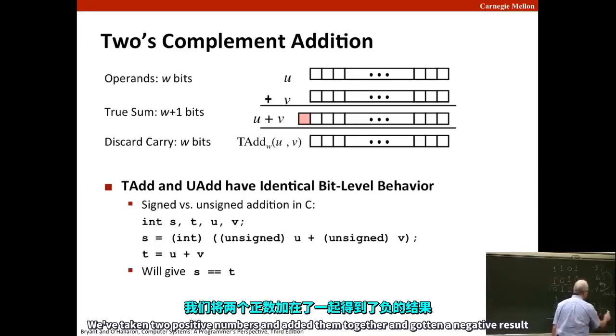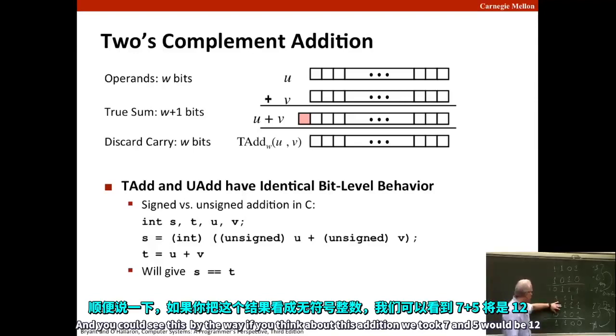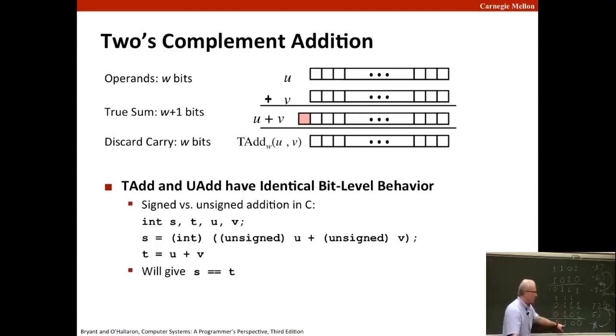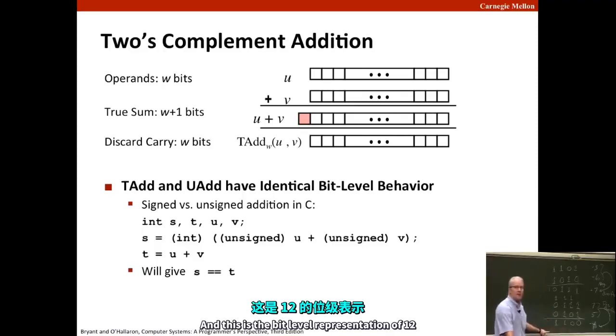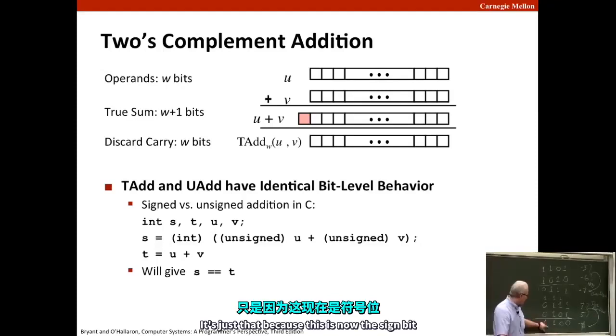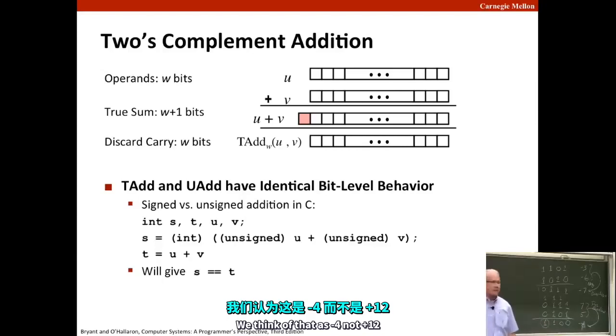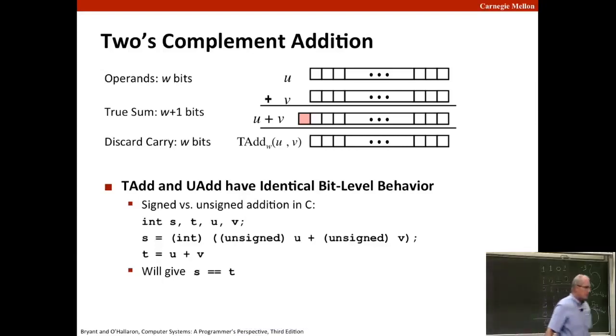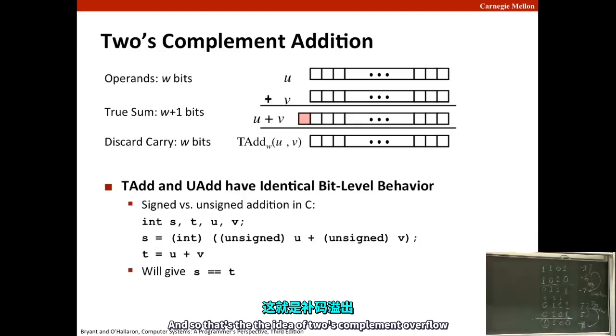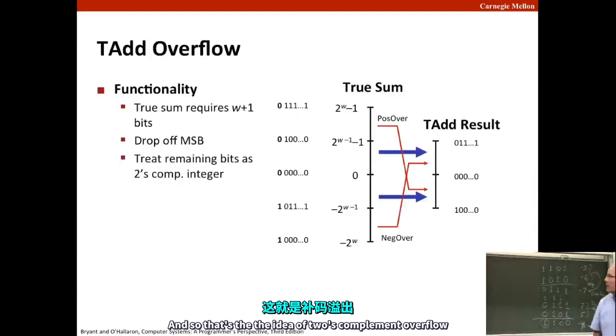We've taken two positive numbers and added them together and gotten a negative result. And you could see this, by the way, if you think about this addition, we took 7 and 5, which would be 12, and this is the bit level representation of 12. It's just that because this is now the sign bit, we think of that as minus 4, not positive 12. And so that's the idea of 2's complement overflow.